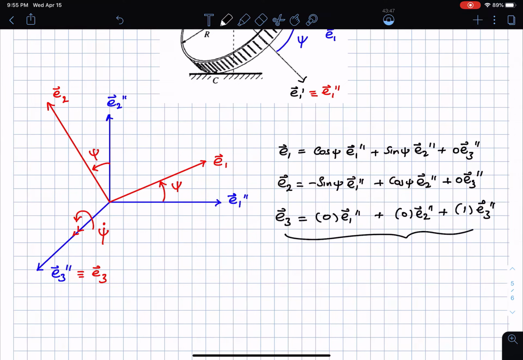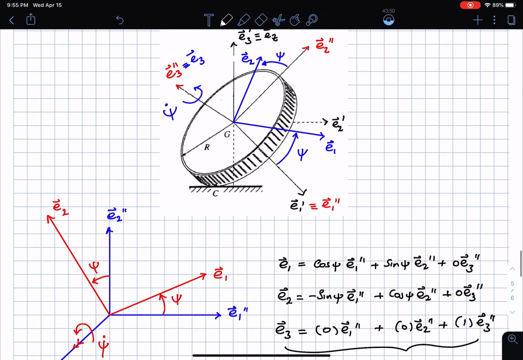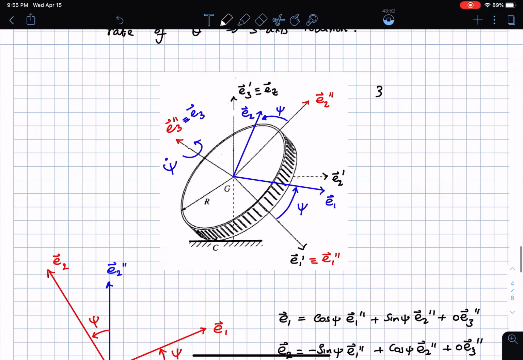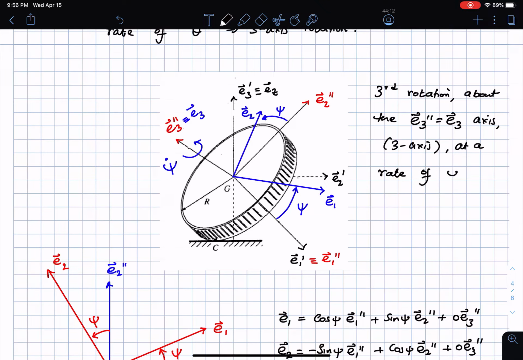Okay, this is going to be the third rotation in the sequence. Okay, this is the third rotation about the E3 double prime, which is equal to the E3 axis, or the 3 axis, at a rate of psi dot, which depicts the spin rate of the coin.